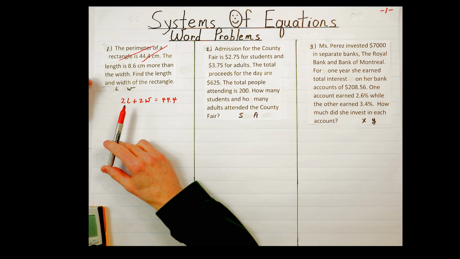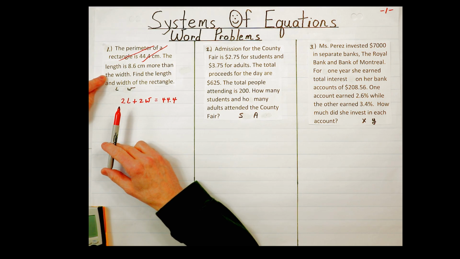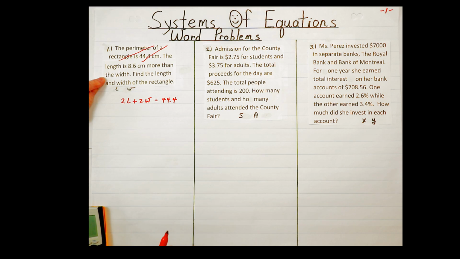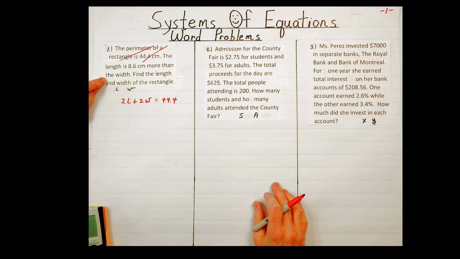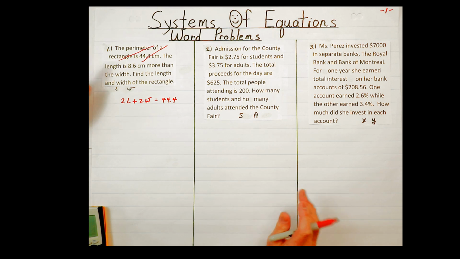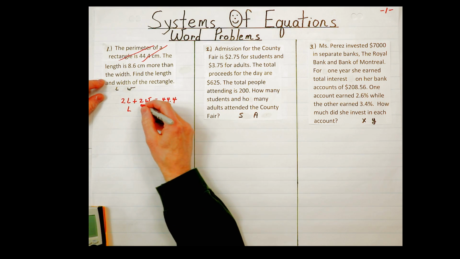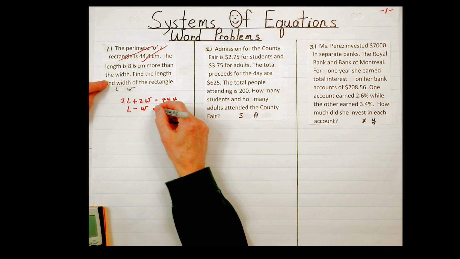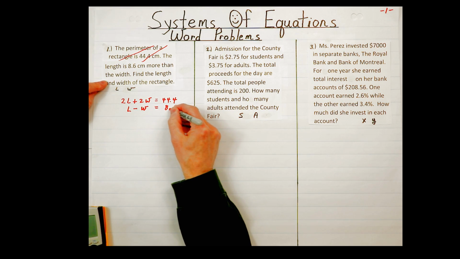Now the next part says that the length is 8.6 centimeters more than the width. So instead of saying one side equals the other side plus 8.6, I like to do it this way. I like to say that if you take the length and subtract the width, that's what it's saying, you get 8.6.